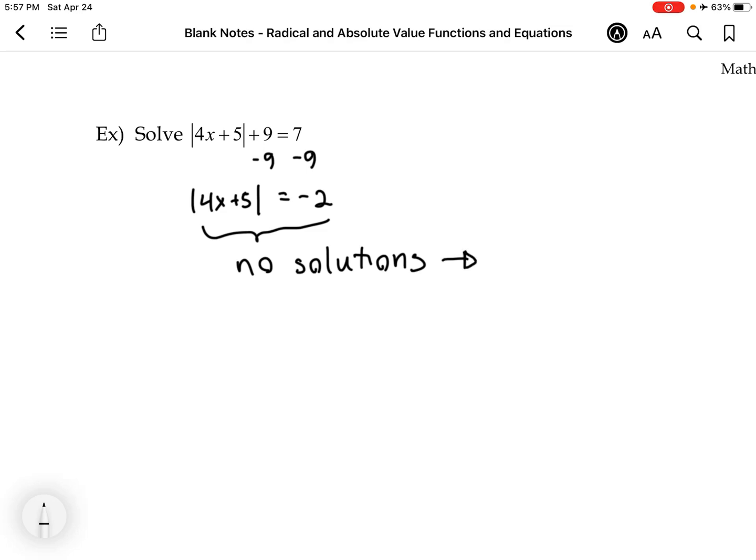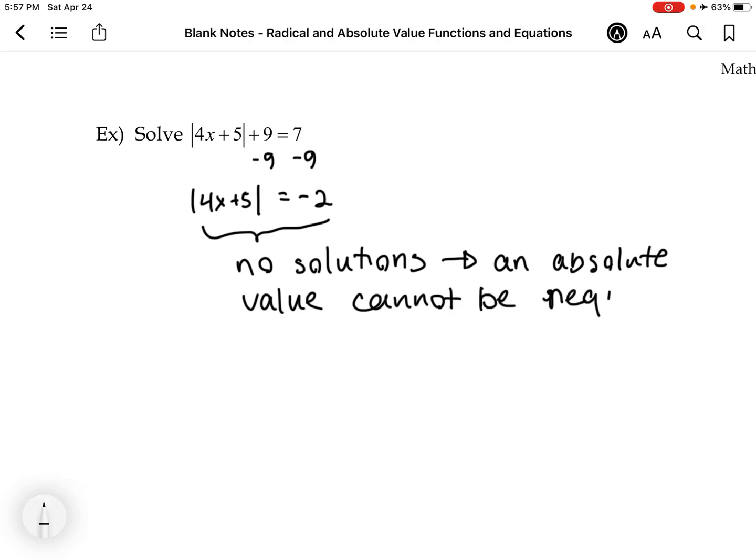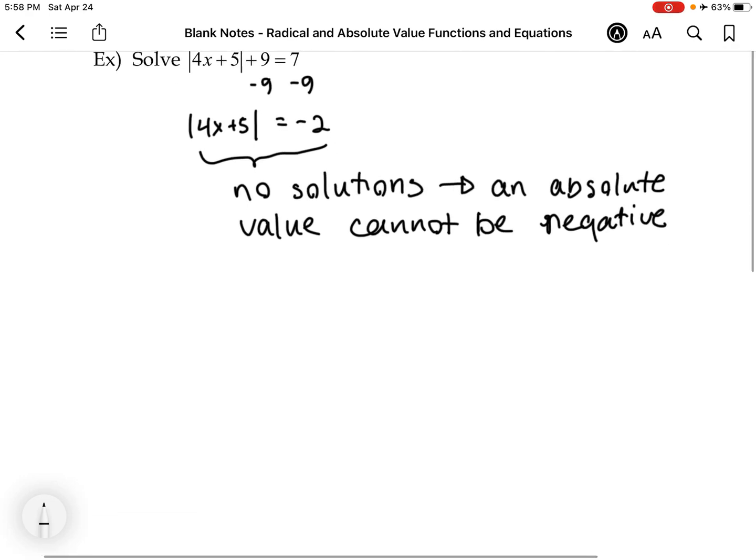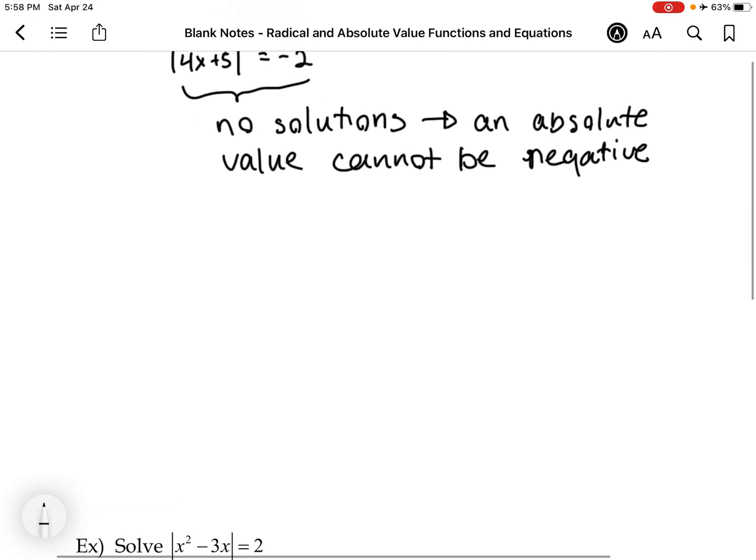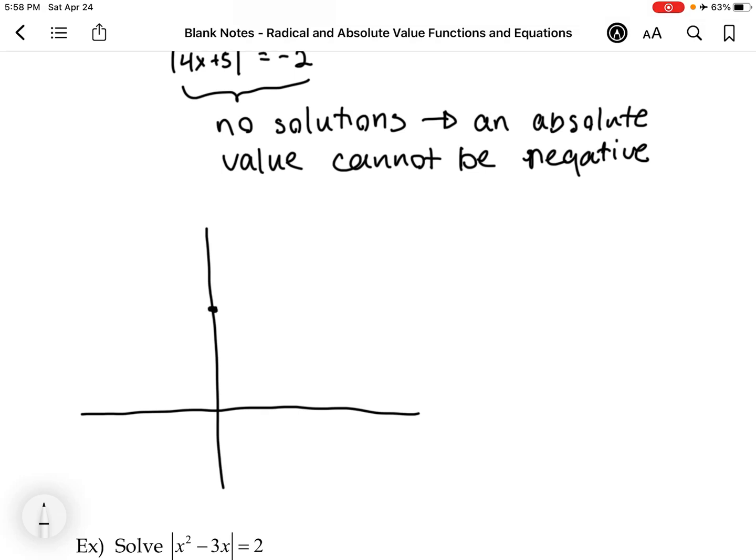because an absolute value cannot be negative. Okay, and in fact, if you were to graph y equals the absolute value of 4x plus 5, there is a y-intercept of 5, and again, this is fairly steep.